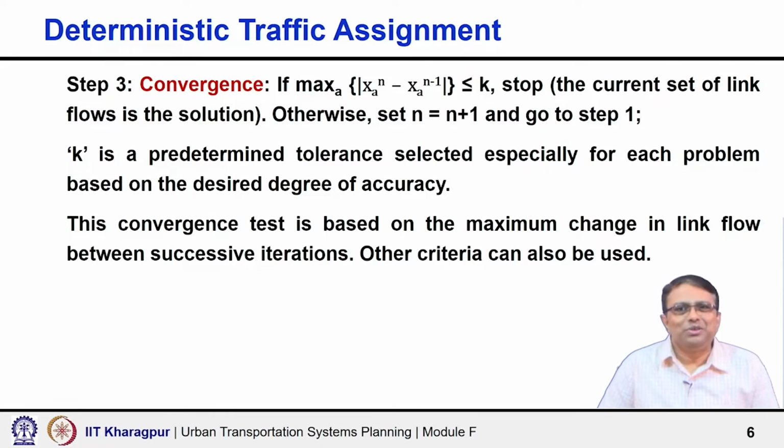All or nothing will remain the same, because it is so simple that there cannot be any variation. But how to consider capacity, how to bring in the link congestion effect, there are so many other things that could be there. Everything we are not discussing in this course. And maybe there could be things which I also do not know, maybe a slightly different form is available somewhere. But the fundamentals, all the basic approaches, we are covering in this course.